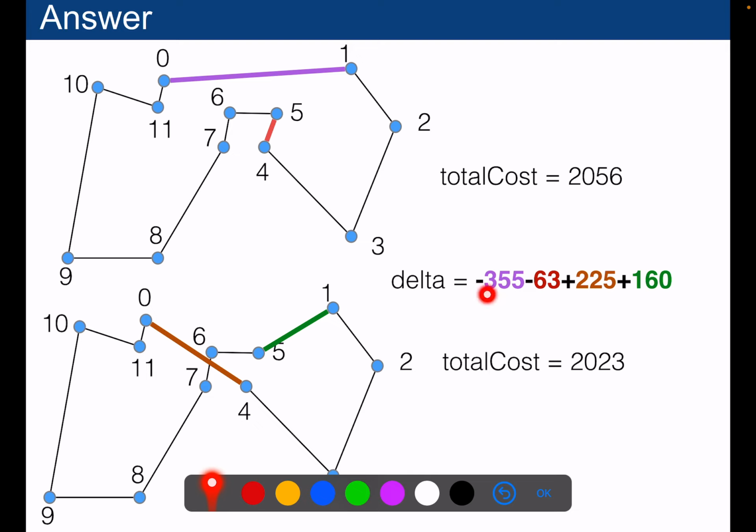You need to remove 355, that's the purple part. Then you also remove the red part, but you will need to add the brown edge, and you will add also this one, which is 160. Overall, if I make the summation, my total length used to be 2056, and now it's 2023, so it's a little bit better.